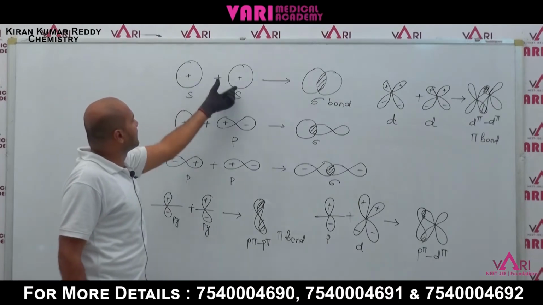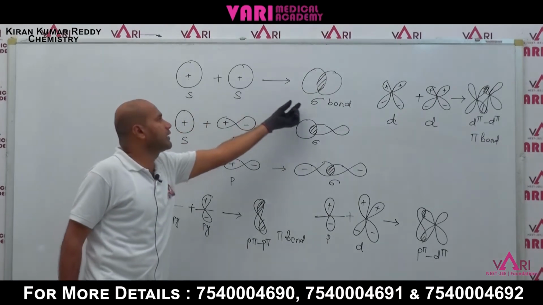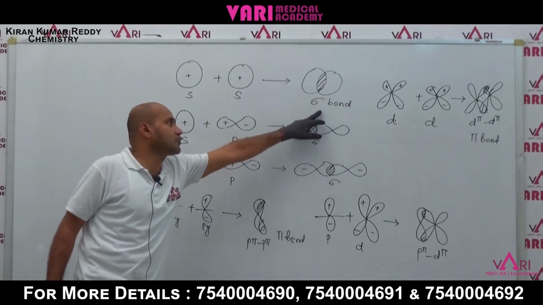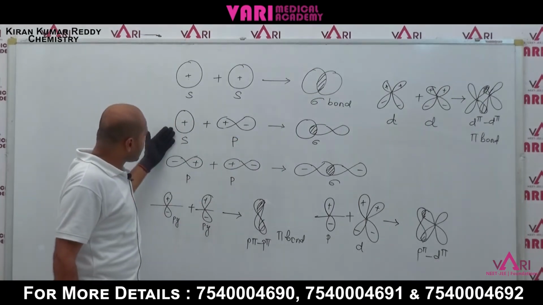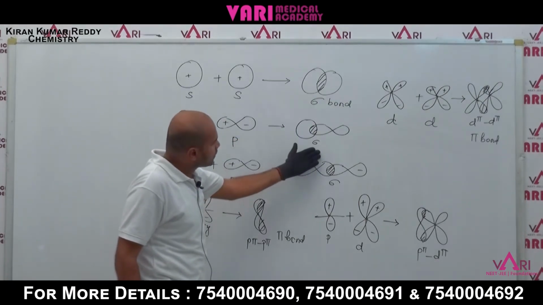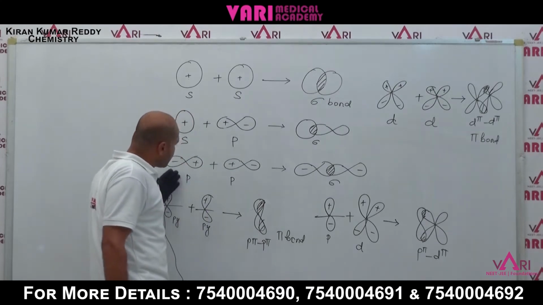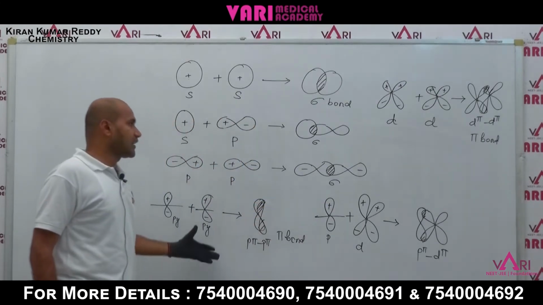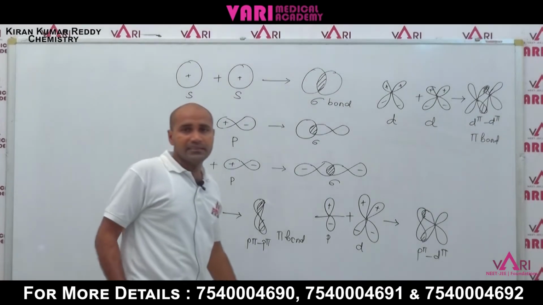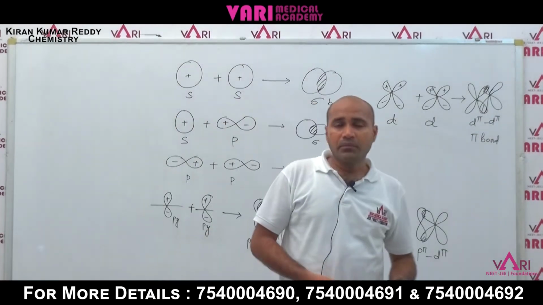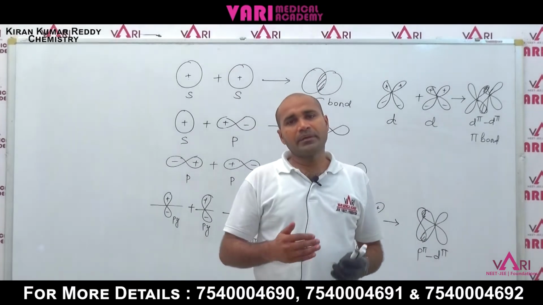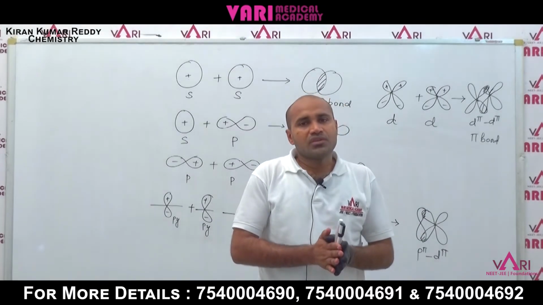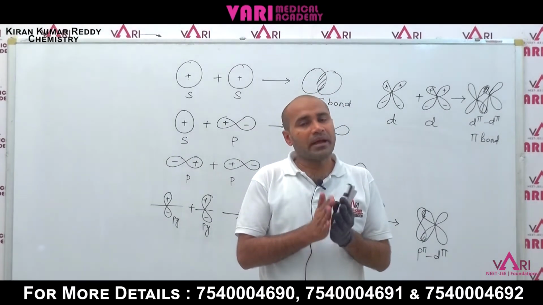Head to head overlapping means more extent of overlapping, to form a sigma bond. Here is an s orbital and p orbital, that one also forms a sigma bond. Here also p orbital, that one also a sigma bond. These are axial; axial overlapping gives a sigma bond, and sidewise overlapping gives a pi bond.